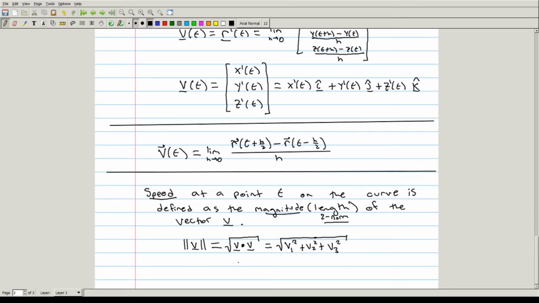And remember that I haven't written any functional dependence here, but v in general on the curve is a function of t, which means that each one of these components is in general a function of t. Right? So the speed is the magnitude of this vector v, which is the same thing as the magnitude of r prime of t. So this equation right here is the same thing as this equation right here.